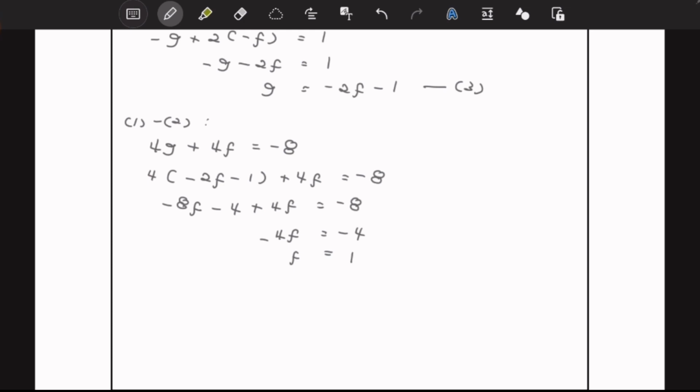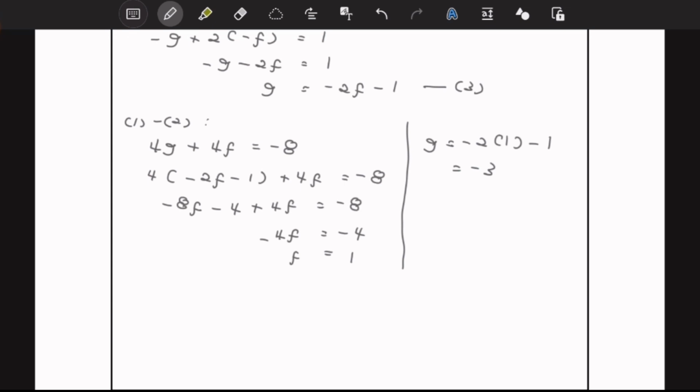So we use f equals to 1, substitute into equation 3. So we will get g equals to -2 in bracket 1 minus 1. So here we get g equals to minus 3. Now use both g equal to minus 3 and f equal to 1.